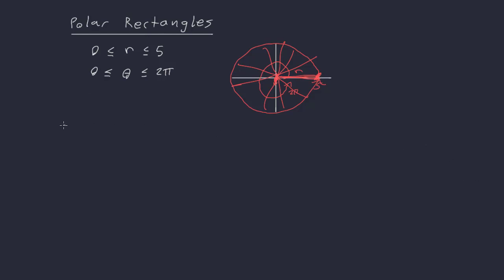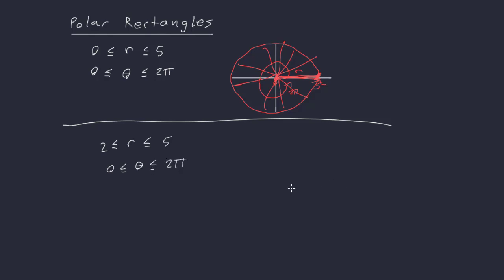Okay? However, we can adjust this to say, let's see what happens if instead of letting r go between 0 and 5, we let it go between 2 and 5. But we still have theta going between 0 and 2 pi. Okay, well, theta going between 0 and 2 pi means we have a full rotation.